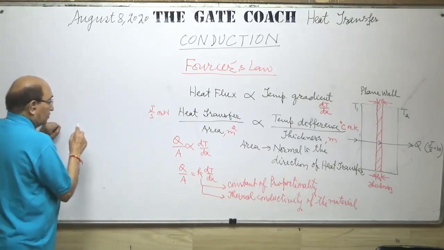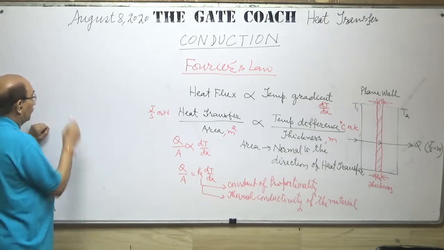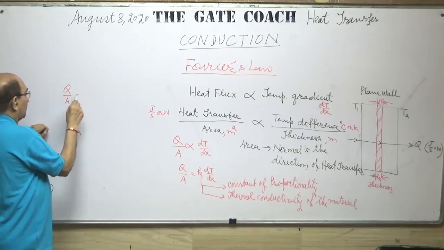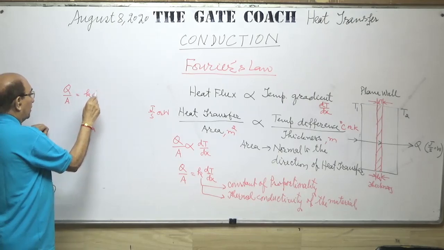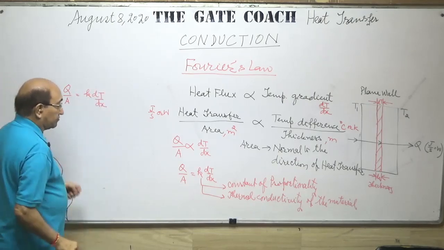Thus, in this equation, Q upon A is equal to K dT by dx.